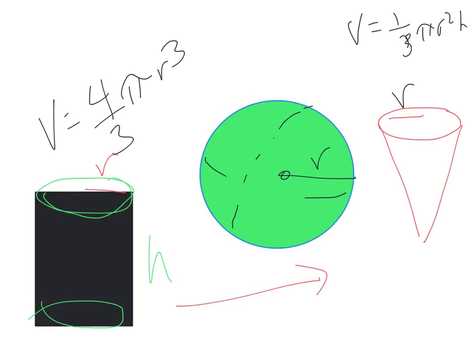So if you started here and you found your volume of your sphere, then you'd have to insert that volume into here, into your volume of your cylinder, which is pi r squared times height.